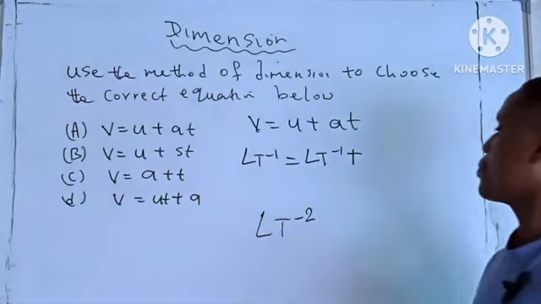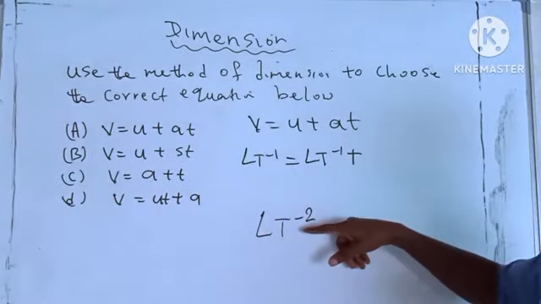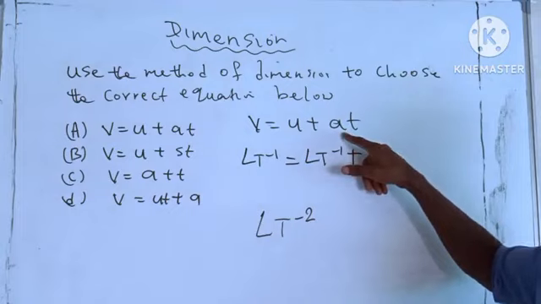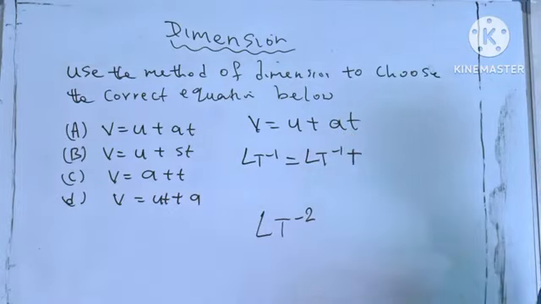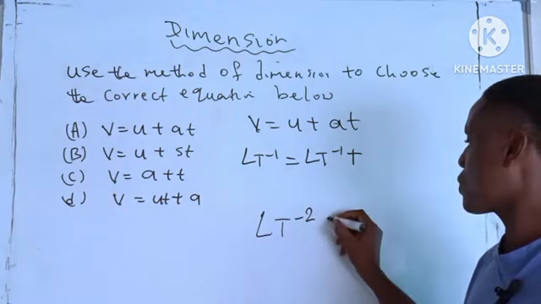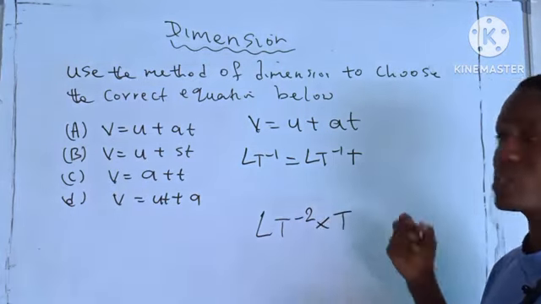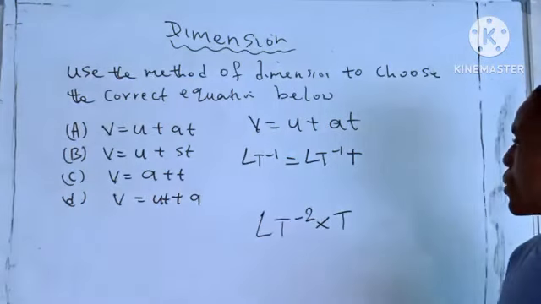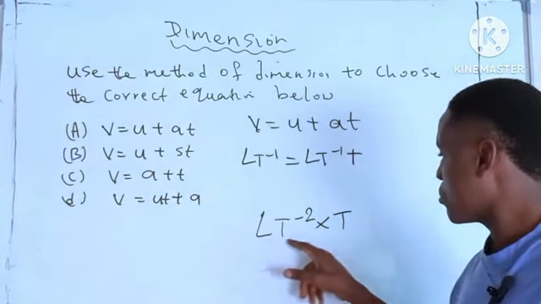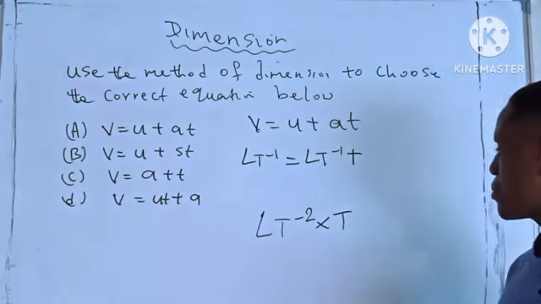Okay. So now this is the dimension of acceleration. Are you getting it? Why? The dimension of time is what? It's only T now, isn't it? Okay. Now let's bring everything here.